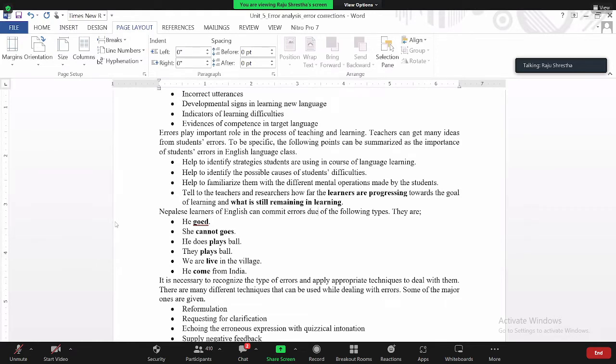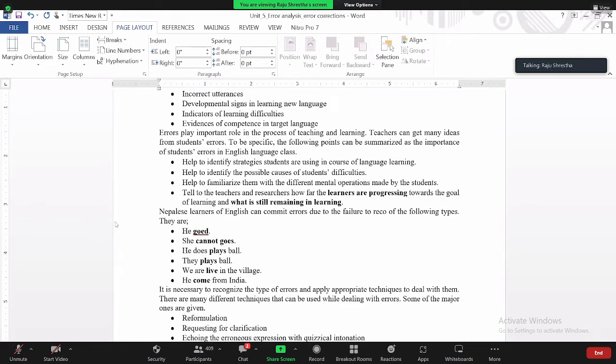Errors, the failure to recognize and utilize the linguistic system of the English language. Nepalese learners of English can commit errors due to the failure to recognize and utilize the linguistic system of English language.